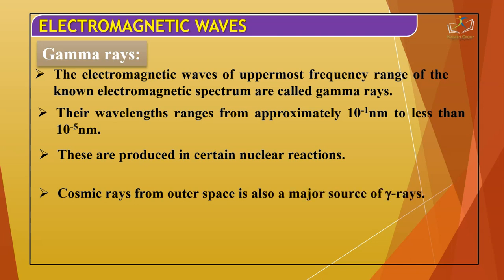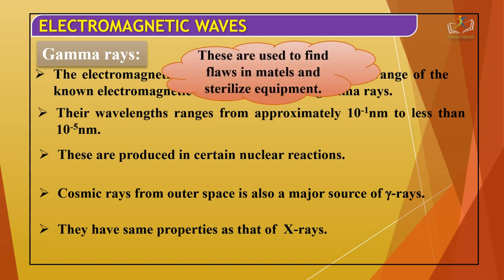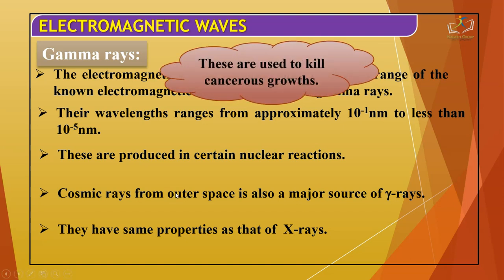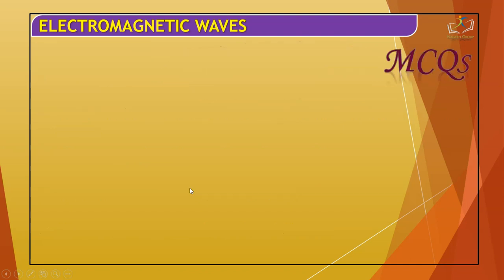Cosmic rays from outer space are also a major source of gamma rays. They have the same properties as X-rays. These are used to find flaws in metals and sterilize equipment. These are used to kill cancerous growths.